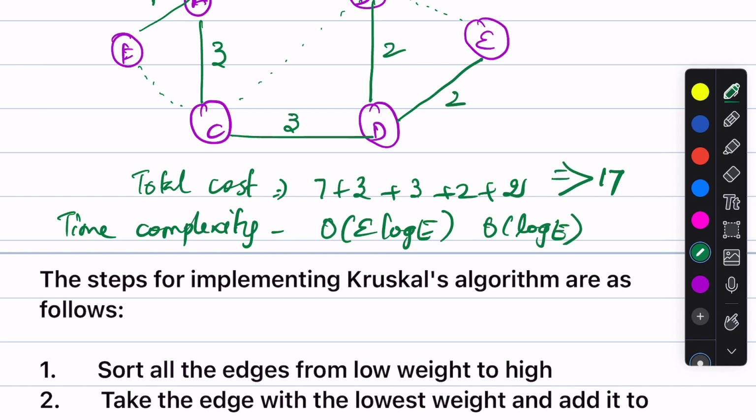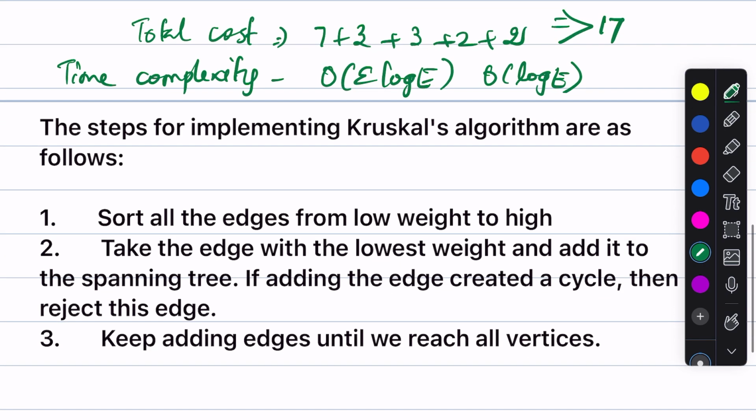Now let us see the steps for implementing Kruskal's algorithm. As I mentioned, first we have to sort all the edges from the lower weight to the higher weight. Then we take the edge with the lower weight and add it to the spanning tree.